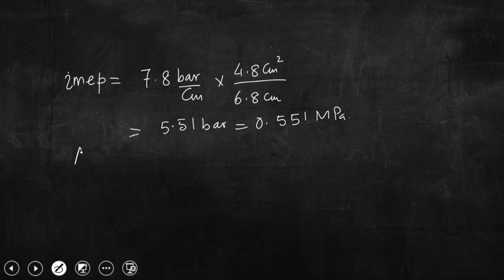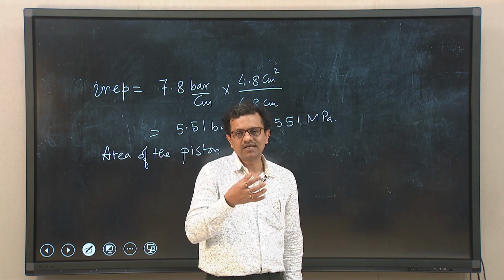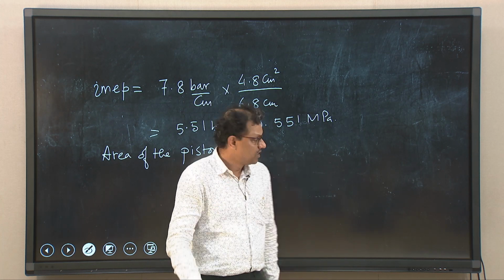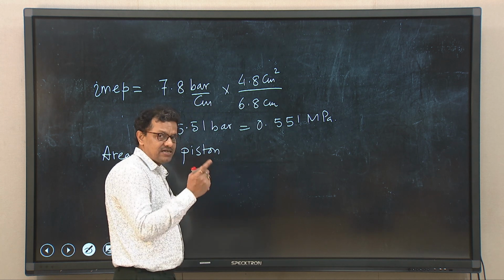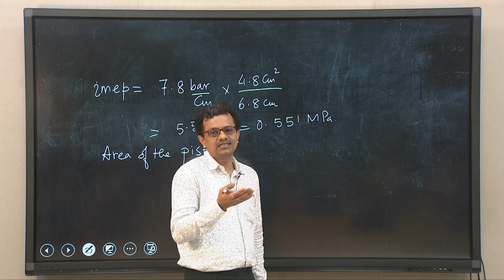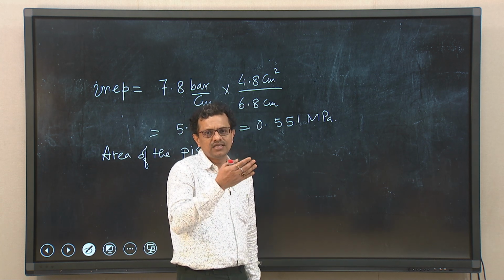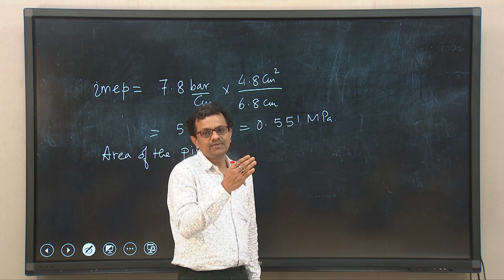Now, from the diameter of the cylinder we can calculate the area of the piston face. Essentially this is the pressure which is acting on the cylinder face, which will force the piston to move from the top dead center to the bottom dead center. Now, the inner area of the cylinder is essentially the area of the piston face.